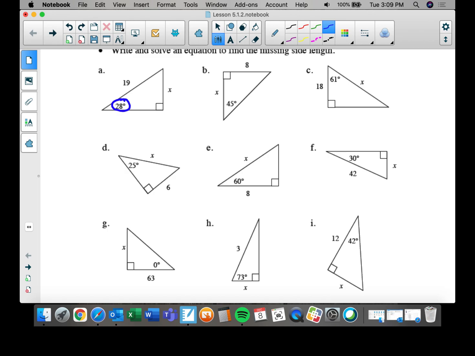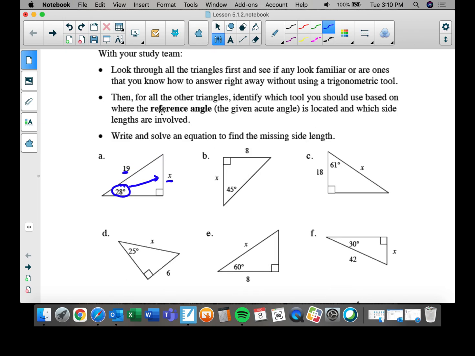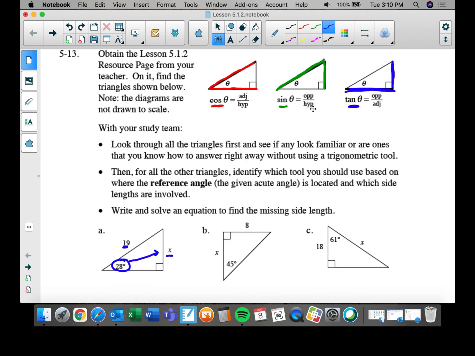The x is the opposite of that 28 degree angle, and the 19 is the hypotenuse of the triangle. So if I look back and figure out which ratio deals with opposite leg and hypotenuse, that's your sine type of problem.